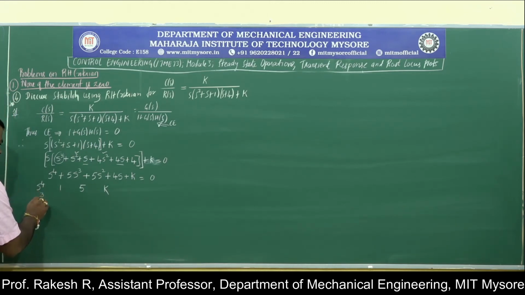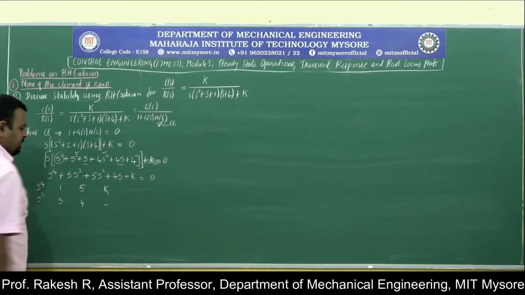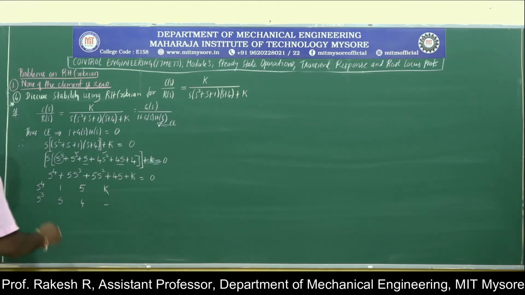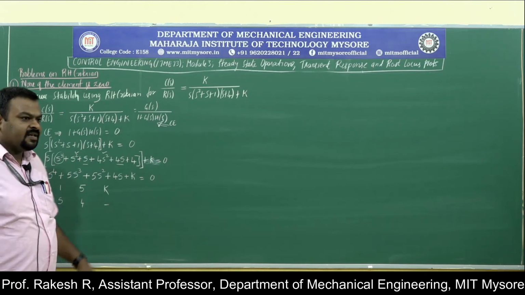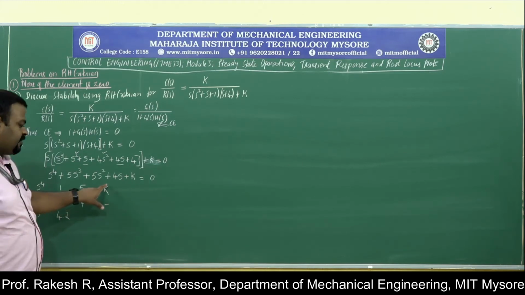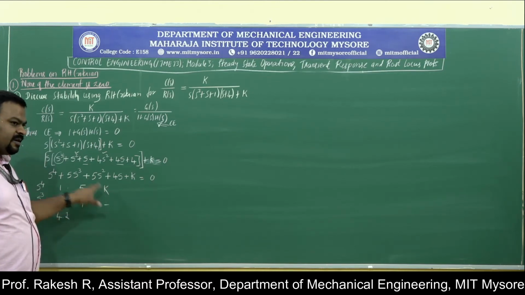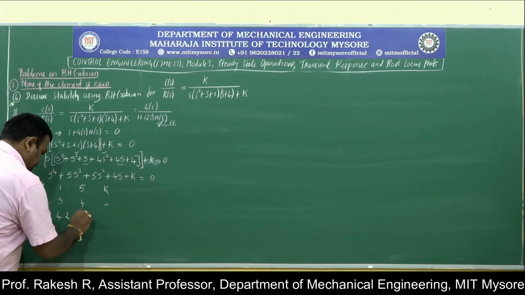Then S cube term, it is 5, then 4. Then the S square term: 5 into 5, 25, 25 minus 4, it is 21, 21 divided by 5, it is 4.2. Then 5 into K minus 0 divided by 5, it is K only.